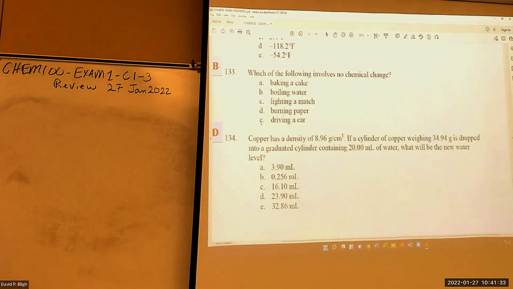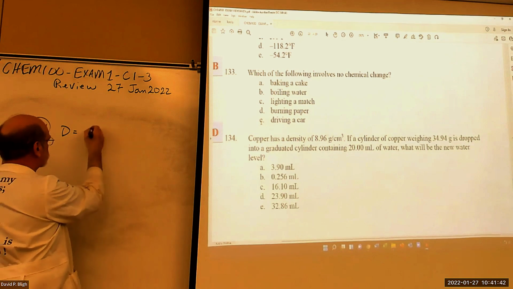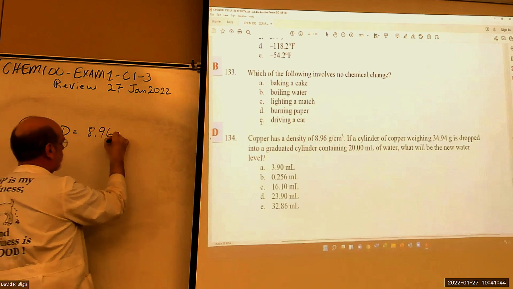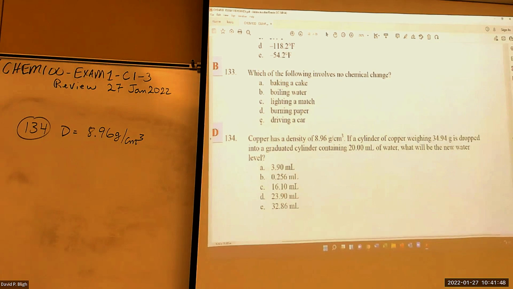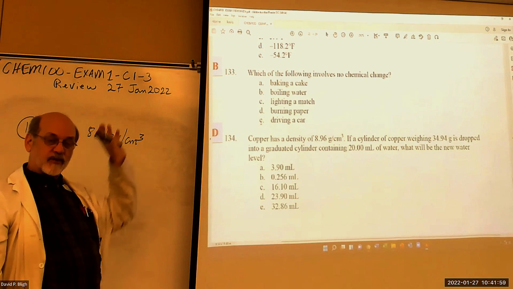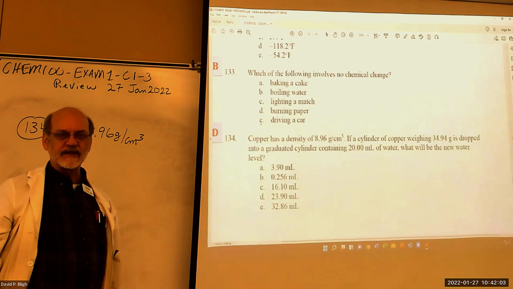134. Copper has a density of 8.96 grams per cubic centimeter. If a cylinder of copper weighing 34.94 grams is dropped into a graduated cylinder containing 20 milliliters of water, what will be the new water level? Okay, so this is like that previous irregular object, only we're working at it from a different angle.